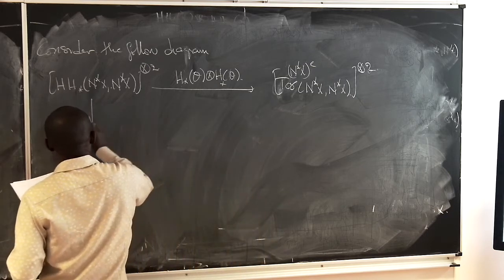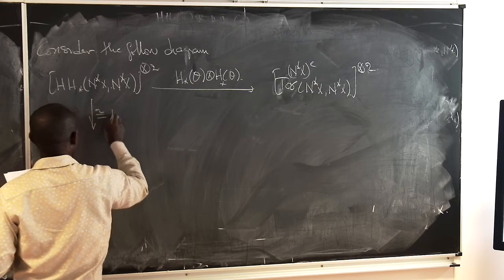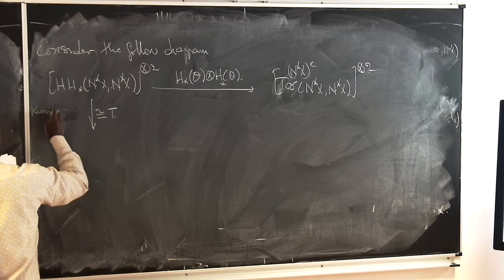Okay, here we have the isomorphism tau, which is the Kunneth isomorphism.